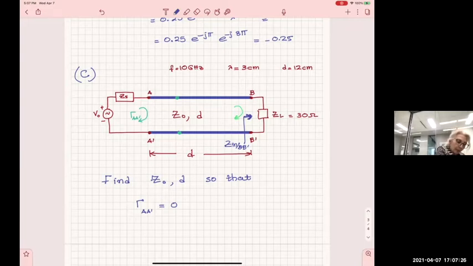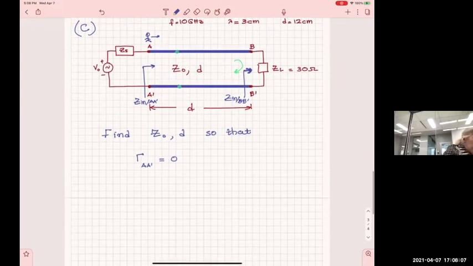Now let's think about that. When you are at A prime, and I'm sitting right here looking this way, what I see is an input impedance, Z input at A prime.